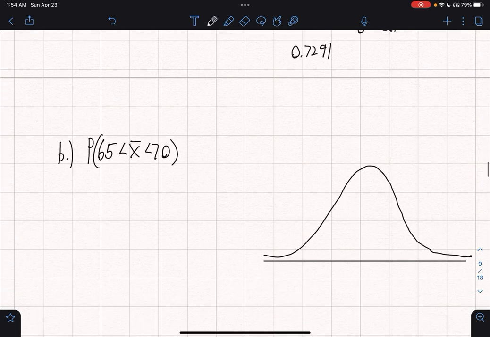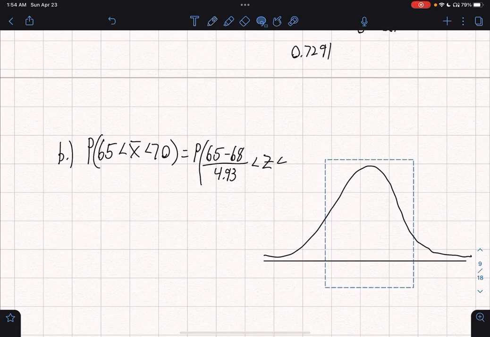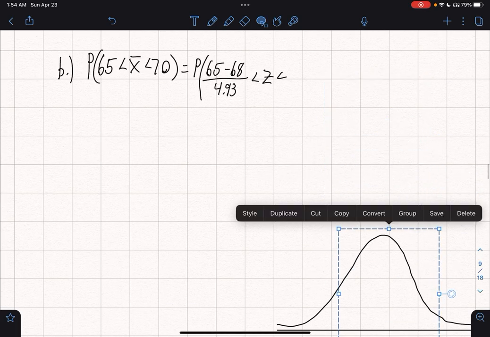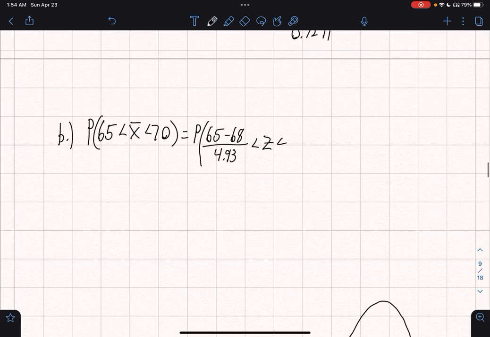Okay, and then finally x bar between 65 and 70. So probability 65 minus our average of 68 divided by our standard deviation of 4.93 less than z less than 70 minus 68 over 4.93.